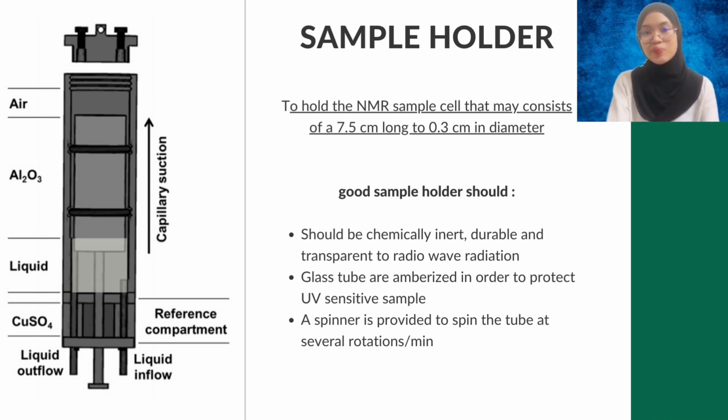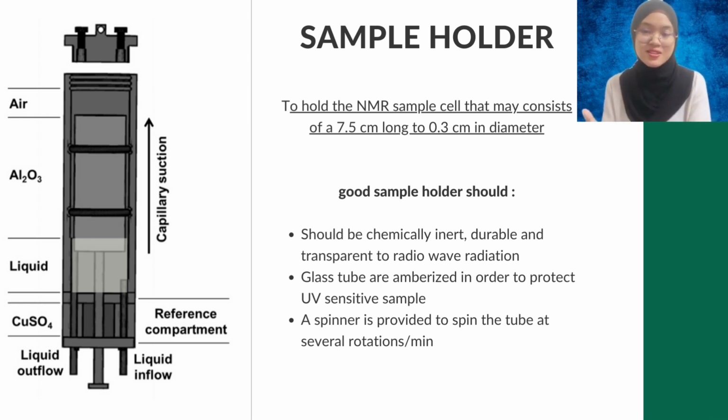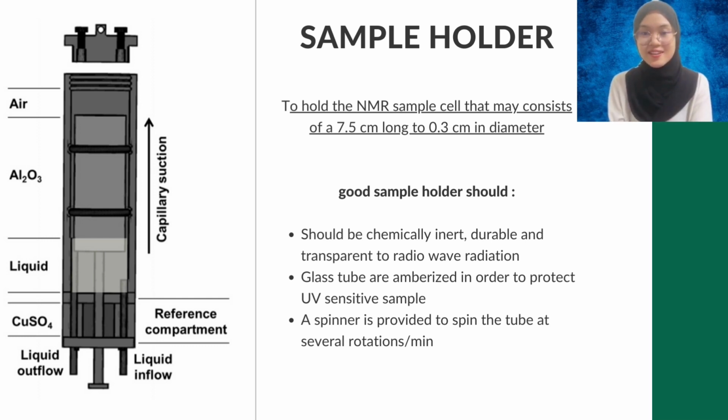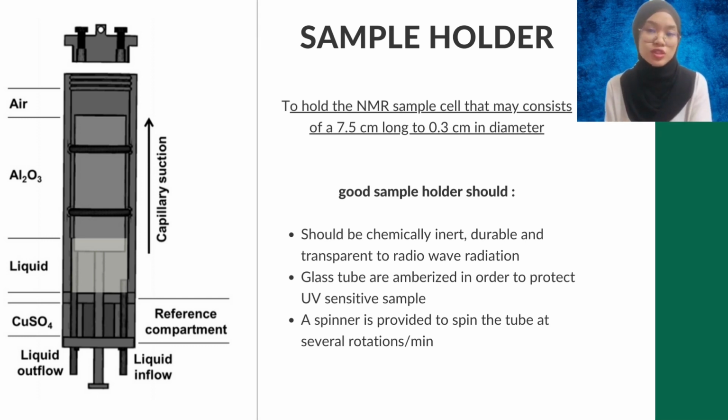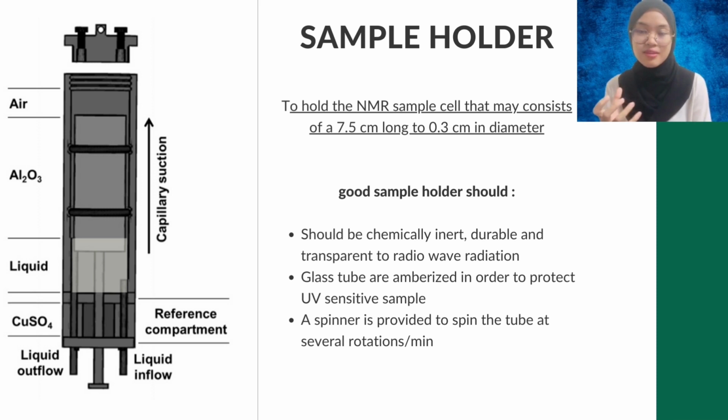A good sample holder should be chemically inert, durable, and transparent when exposed to radio waves. Generally, a glass tube is preferred to protect UV-sensitive samples, and a spinner should also be provided in this part to spin the tube at several rotations.